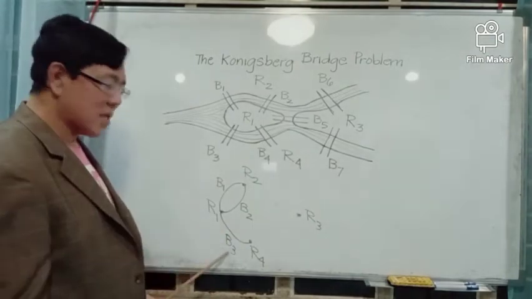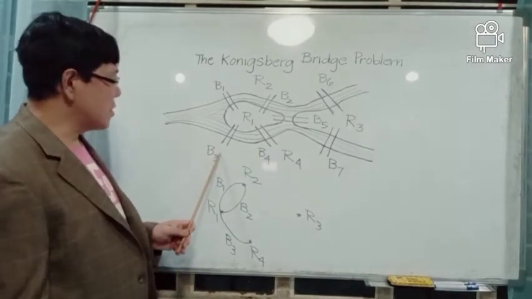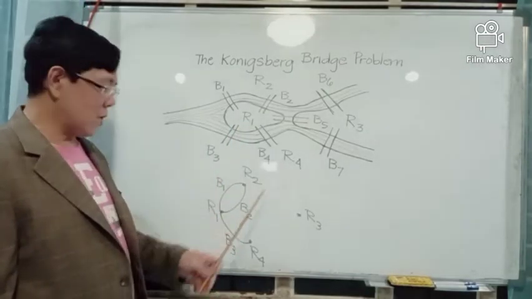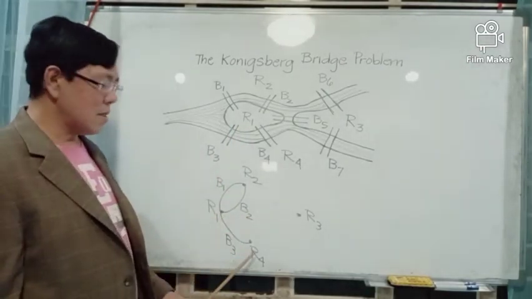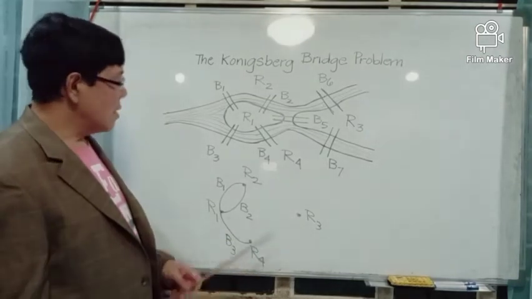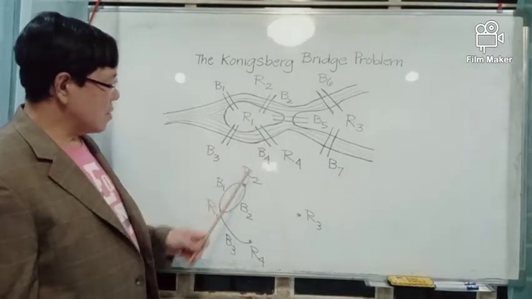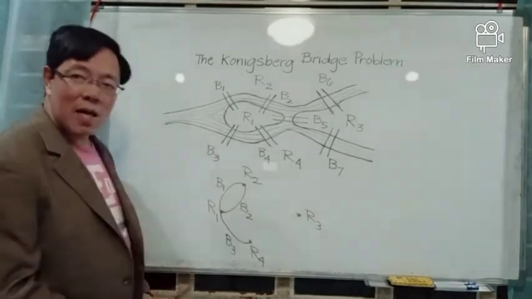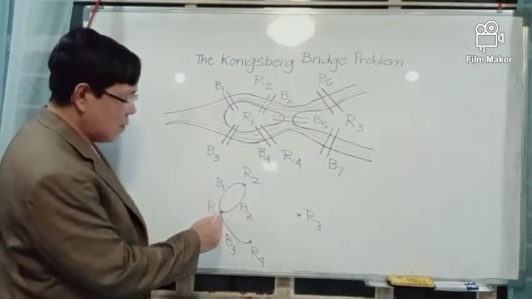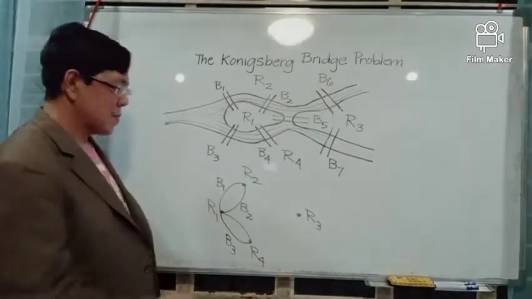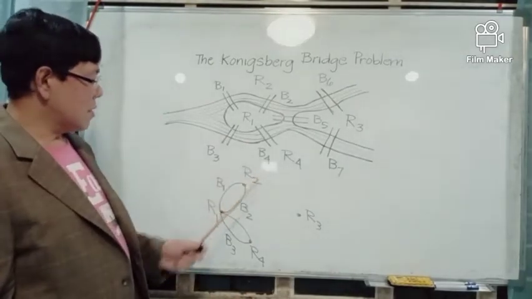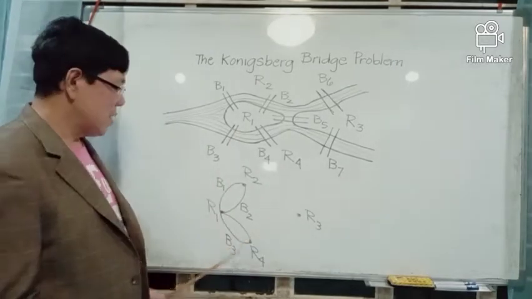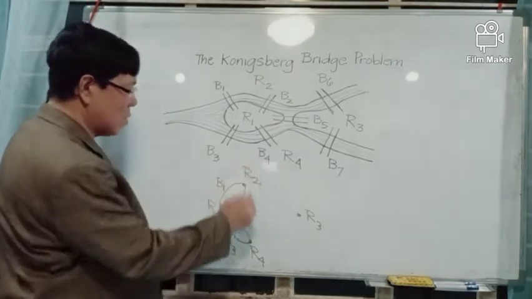And this edge B3 represents the third bridge that links region 1 and region 4, denoted by vertex R1 and vertex R4. And another bridge, denoted by B4, we represent by a line that connects R1 and R4. And this second line that connects R1 and R4 is an edge that we will call B4.